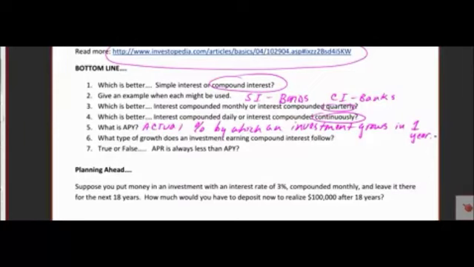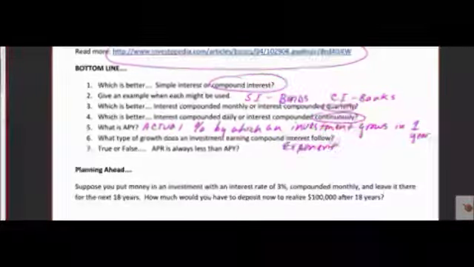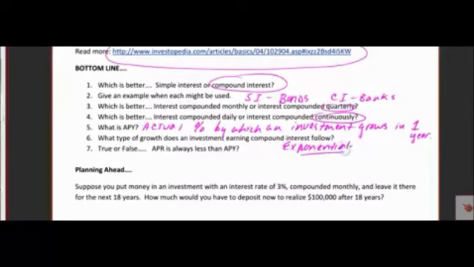You look at the interest earned in 1 year. What type of growth does an investment earning compound interest follow? Remember, we looked at those graphs, simple interest, compound interest. Compound interest was exponential growth.